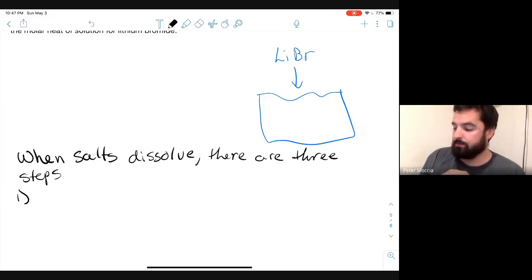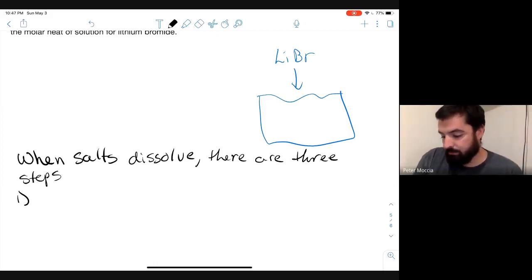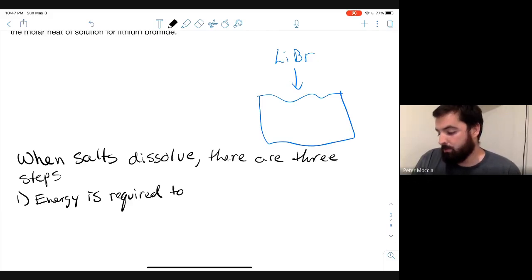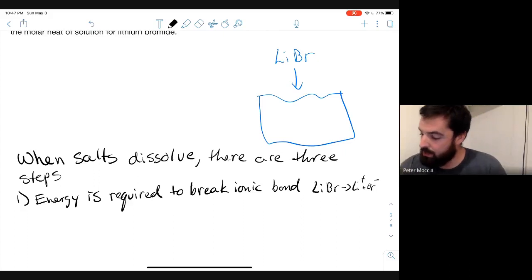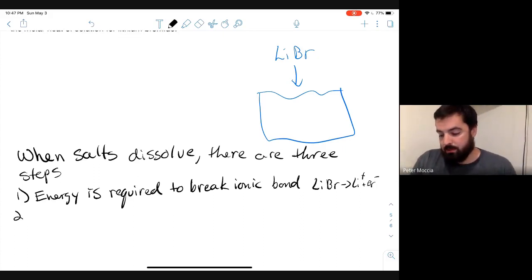Number 1, energy is required to break the ionic bond. So in this case, LiBr would go to Li+ and Br-.